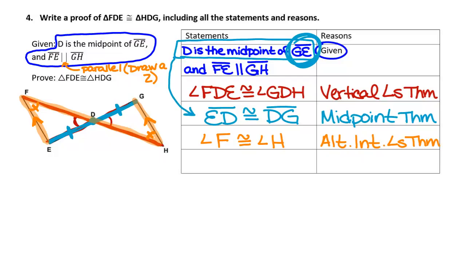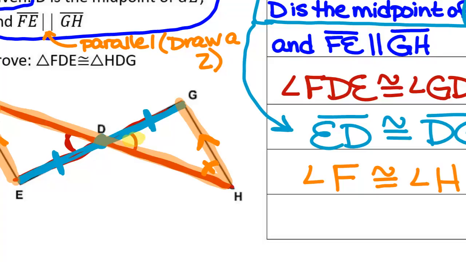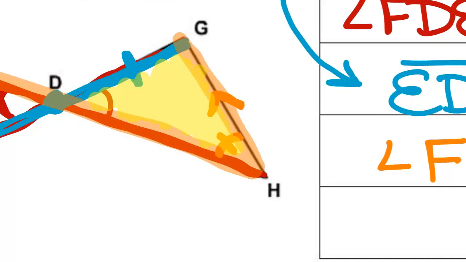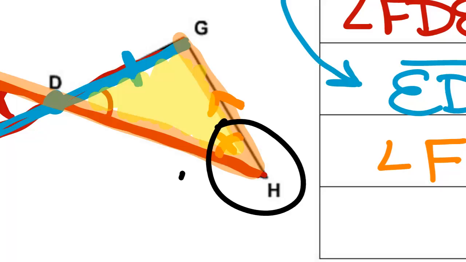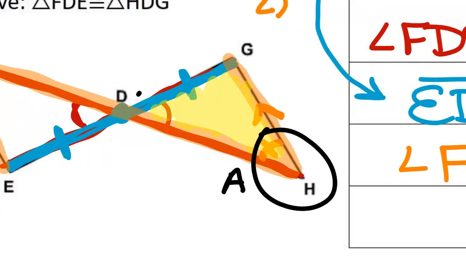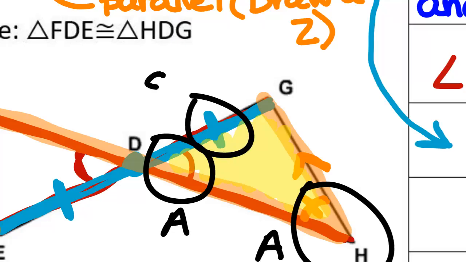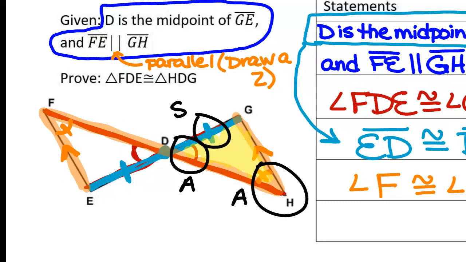All right. Let's look at one of these triangles. Let's look at this one. What do we have marked up in that triangle? I have an angle right here, another angle right here, and a side right here. Is that angle, side, angle, or angle, angle, side?